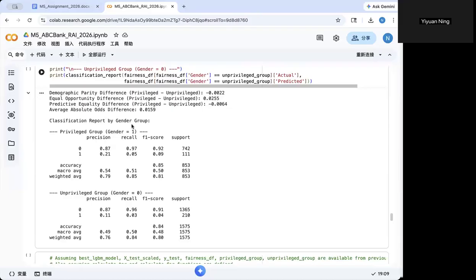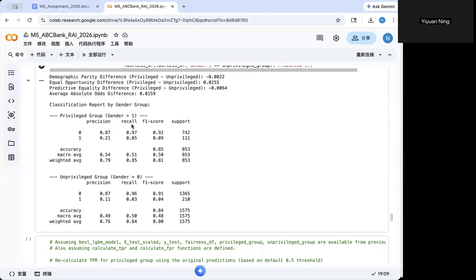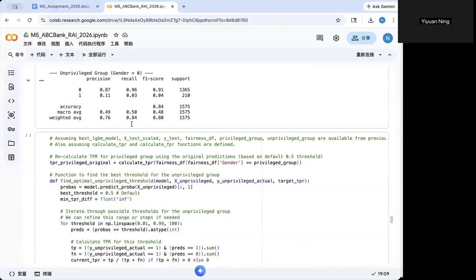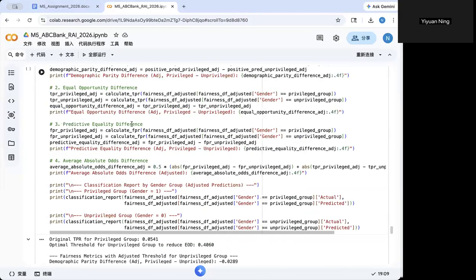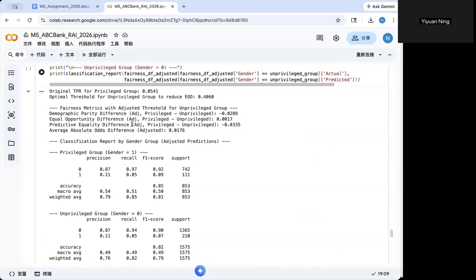To further improve fairness, I adjusted the decision threshold for the unprivileged group. The original true positive rate for the privileged group was about 0.054, and the optimal threshold for the unprivileged group was tuned to 0.40 in order to reduce the equal opportunity difference.